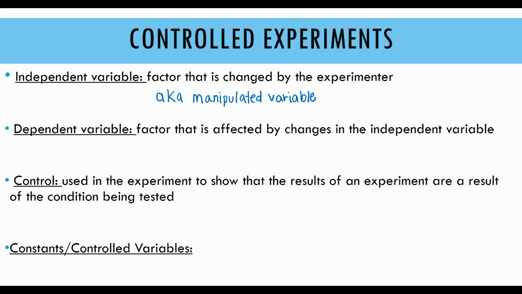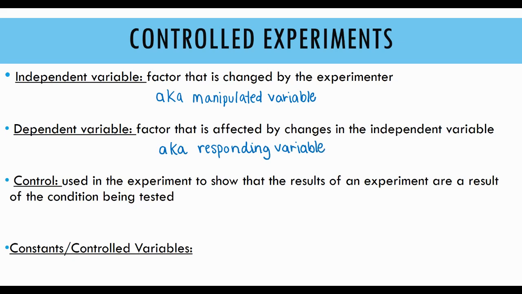So because you change the independent variable, the dependent variable is responding to those changes that you made. So it is also known as the responding variable because it responds to the changes made in the independent variable.